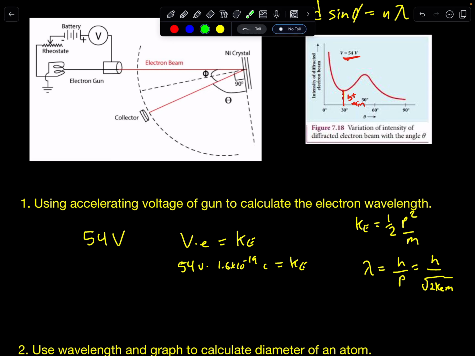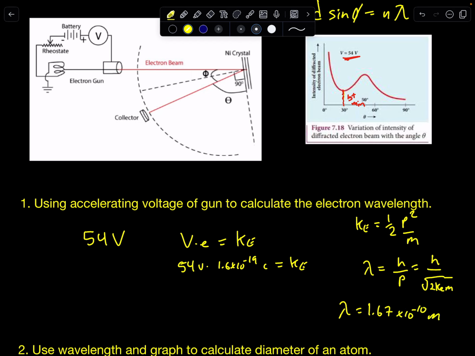So if I go back in here, I found my kinetic energy, and I plug that in over here, and I know the mass of the electron, 9.11 times 10 to the minus 31, and I know Planck's constant, I'll be able to solve for the de Broglie wavelength of that electron when it's accelerated at a voltage of 54 volts. And that de Broglie wavelength happens to be, for this situation, 1.67 times 10 to the minus 10 meters.